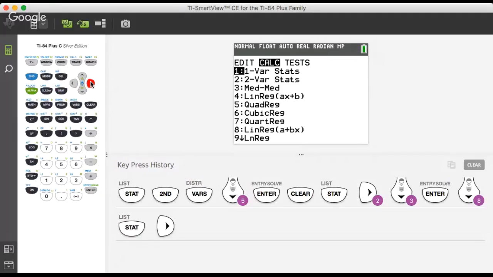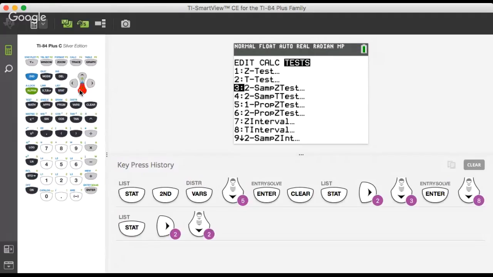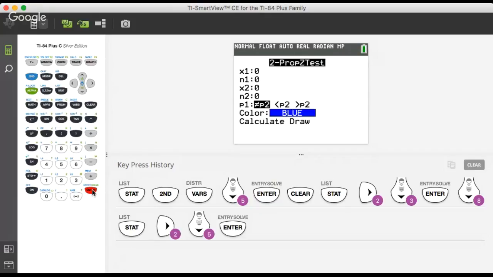For the z-test, when we go to 2 proportion z-test, I want you to see this here. You'll notice that the x1 and the n1 are a little different. Do not put in for the x1 right here, do not put in the proportion like 0.8 or 0.9. Put in, like from the 500 one we just did, put in 450, and then the 500 is what you'll put in for n1.